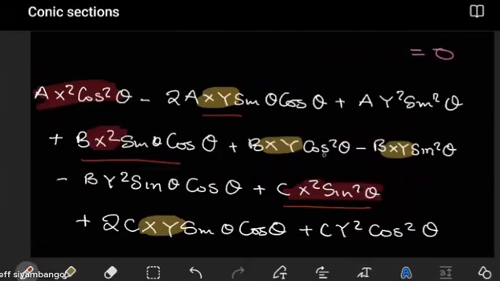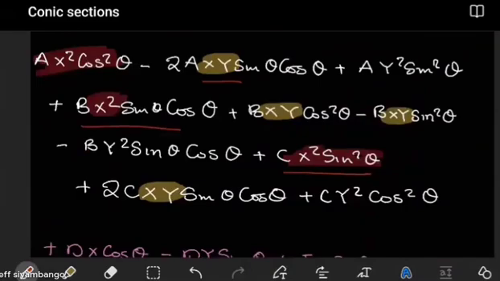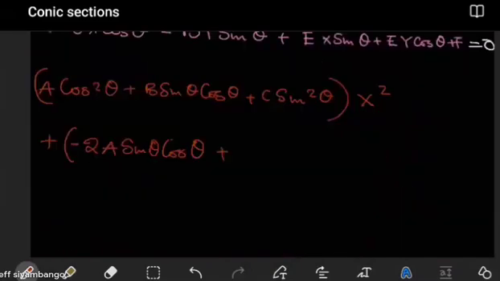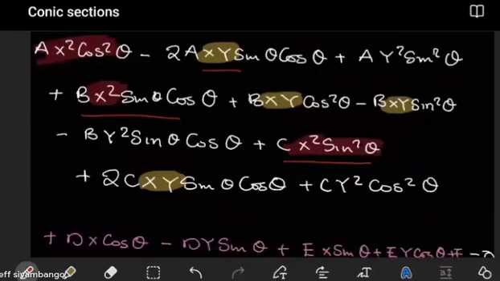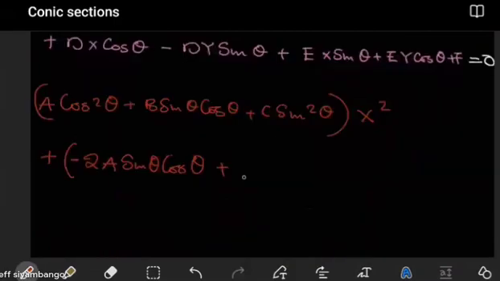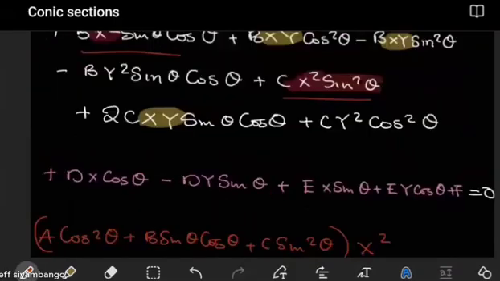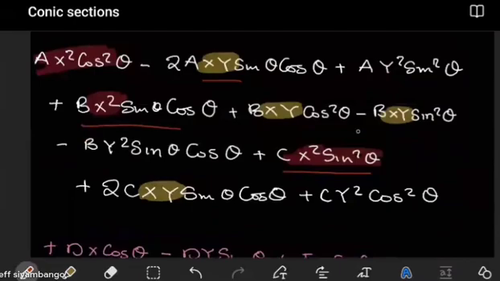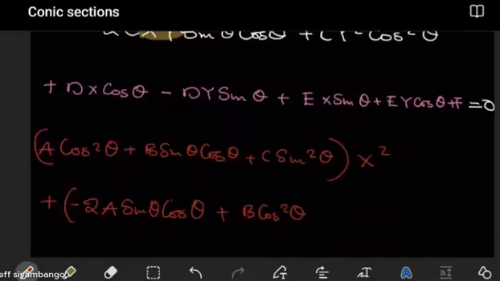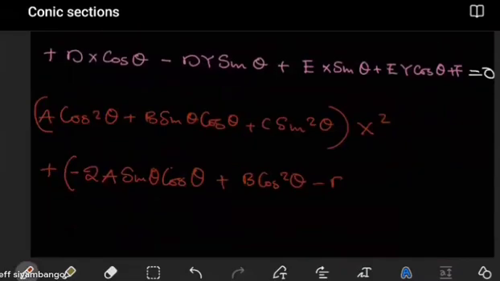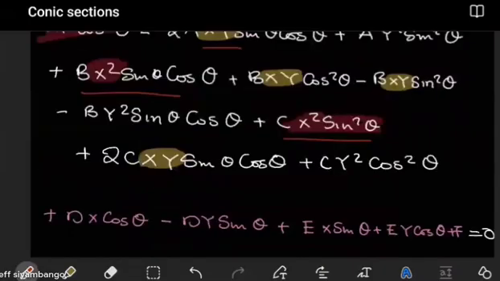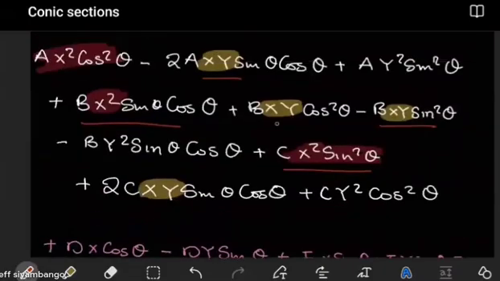Next, b cos squared theta. Yes, that is positive. Next, this term here. This is minus b sine squared theta. And the last one, so that is sorted out.